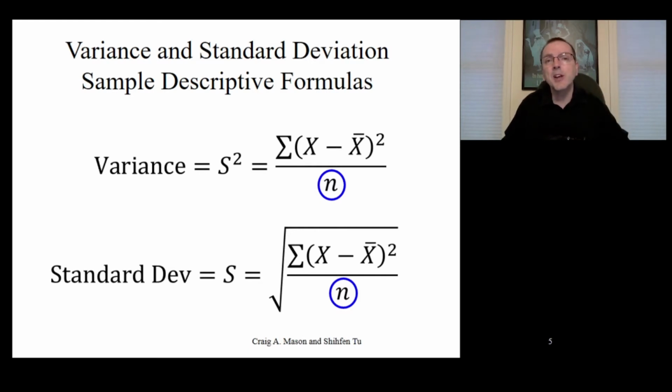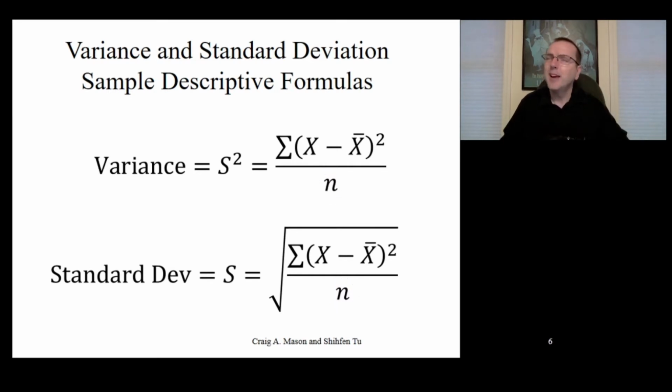standard deviation when we're only describing the data in our sample. Notice in this case, it's a lowercase n because it's the sample size. Also notice that we have x bar in the numerator because we're using the sample average in this case.